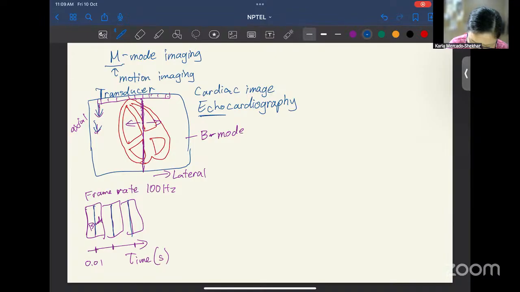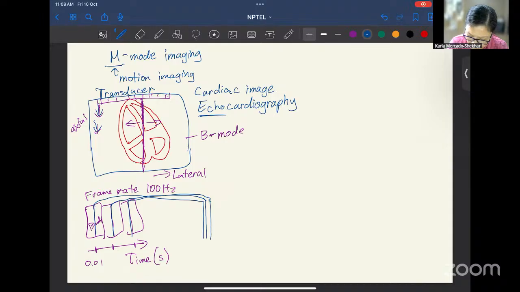Each of these M mode lines gets put in a certain register in your ultrasound system. Then another M mode line, 0.01 seconds later, right here, and then another one right here.